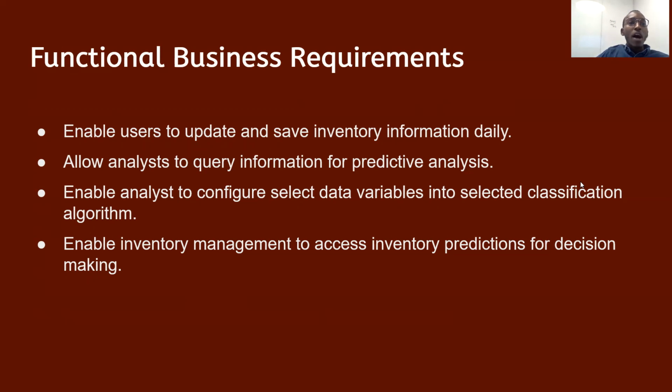The system will allow analysts to query information for predictive analysis. It will also enable analysts to configure select data variables into selected classification algorithm, either random forest or either one. And also it will enable inventory managers to assess inventory predictions for efficient inventory decision-making.